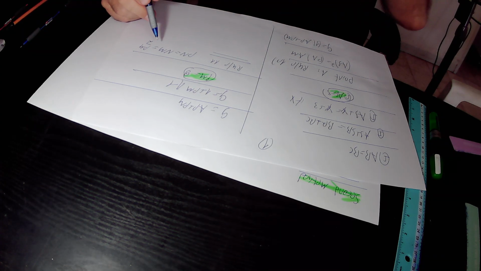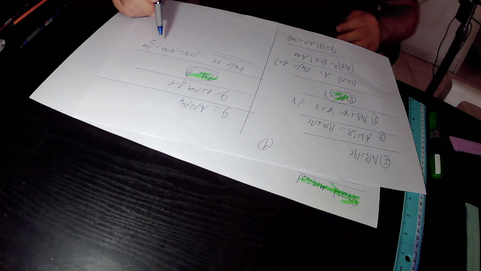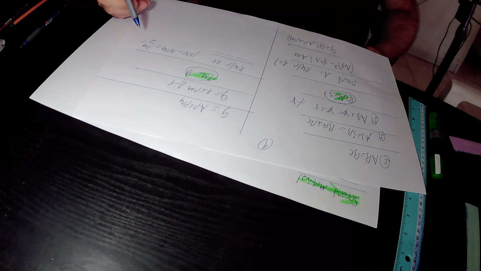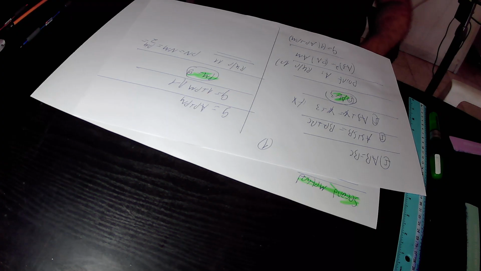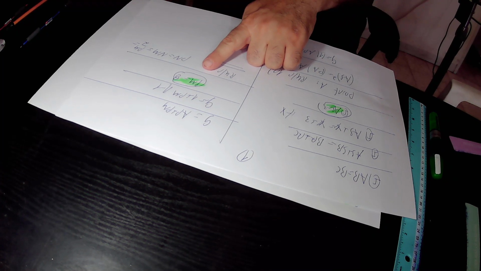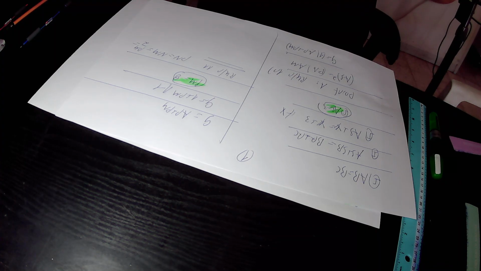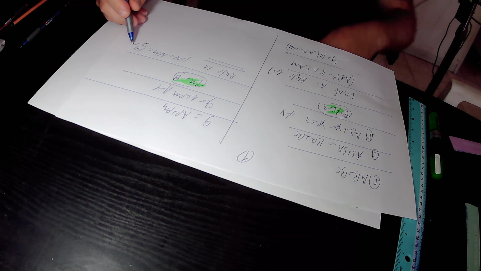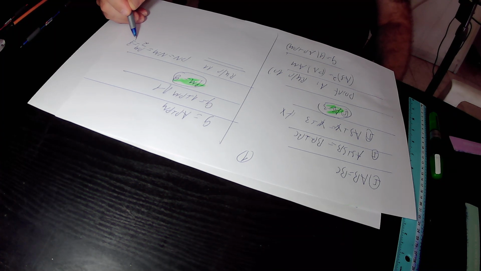So in total, according to rule 11, we found out that PN equals NM equals PM over 2. But we have already found out that PM equals 8. So PM over 2 is 8 over 2, that is 4.